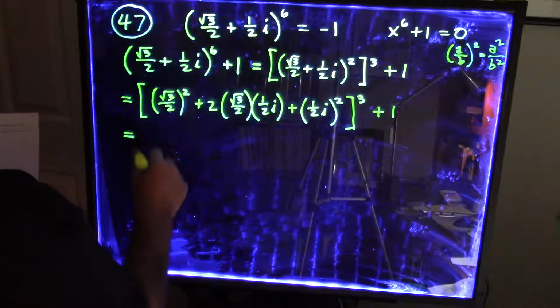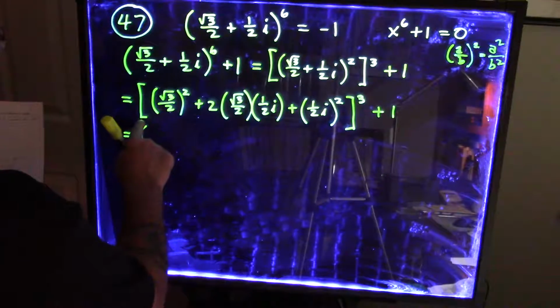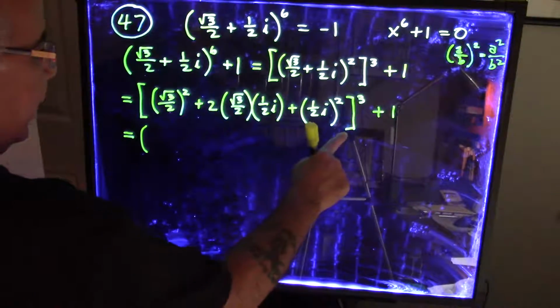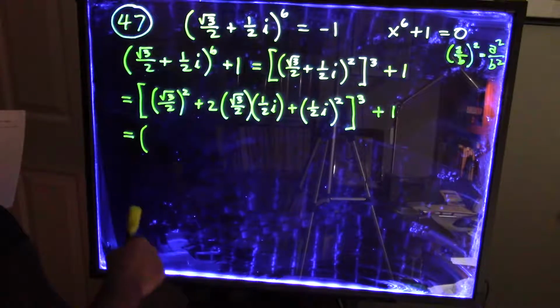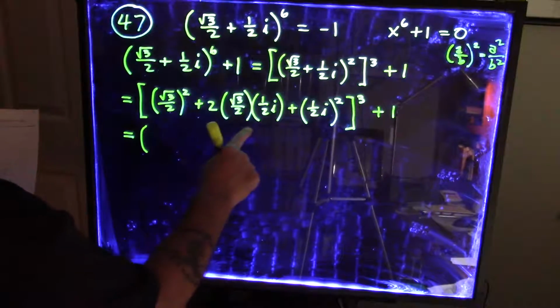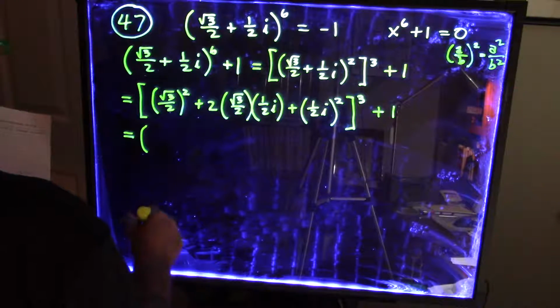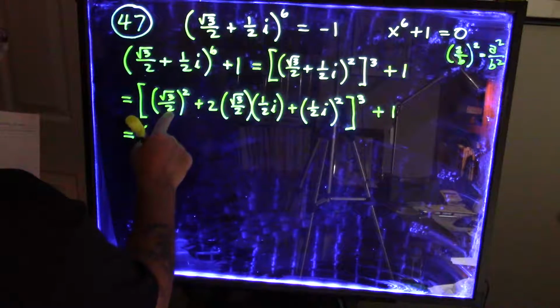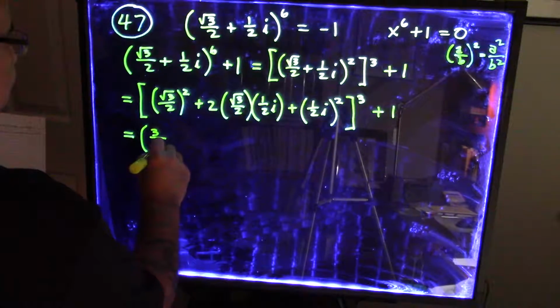So that's square root of 3 squared is 3. Now I still have this brackets with a cube. I'm going to change the brackets to parentheses. They're all grouping symbols anyway, because I'm going to be done using parentheses after I simplify this. So I'll just go back to parentheses. So that's going to be square root of 3 squared is 3. 2 squared is 4. So you got 3/4.